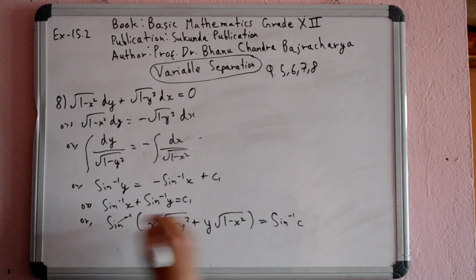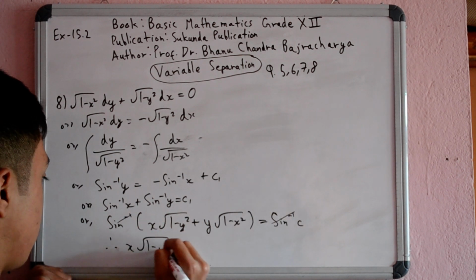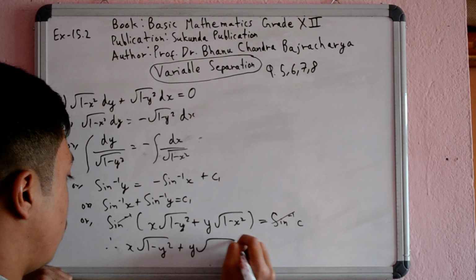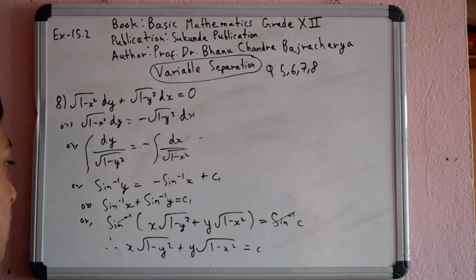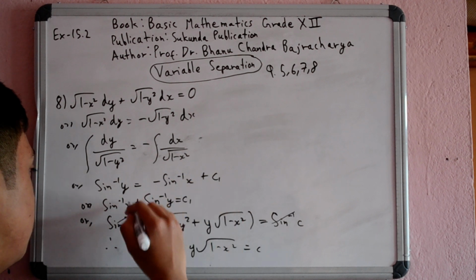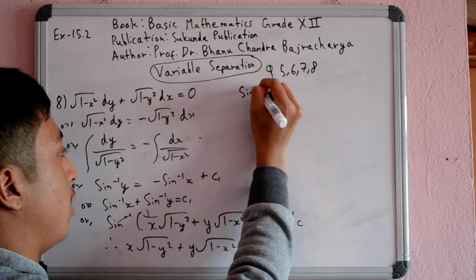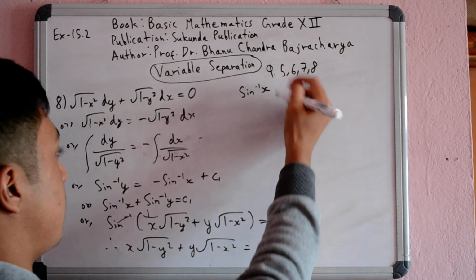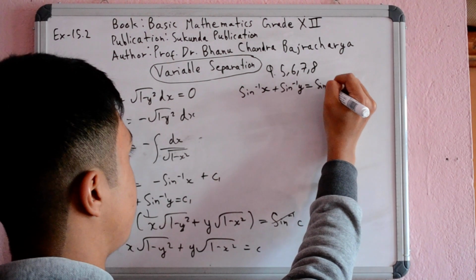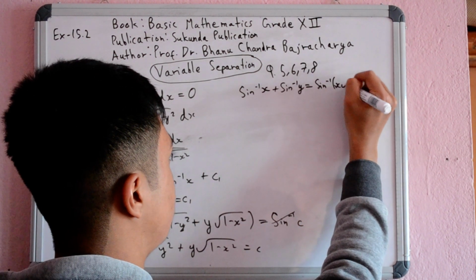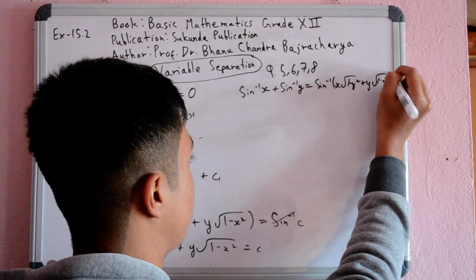Now, the sine inverse cancels, therefore we get x root 1 minus y square plus y root 1 minus x square equals c. So, as I said earlier, I'll be explaining this part right here, or proving that part. So, sine inverse x plus sine inverse y is equal to sine inverse of (x root 1 minus y square plus y root 1 minus x square).